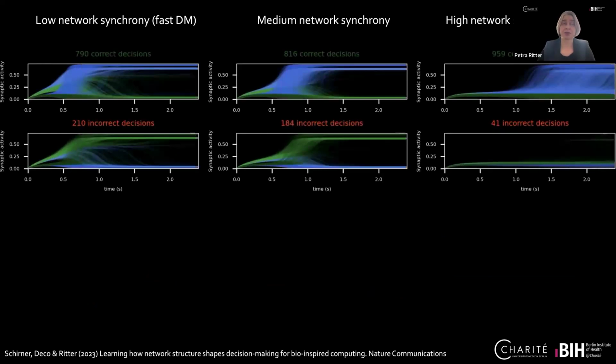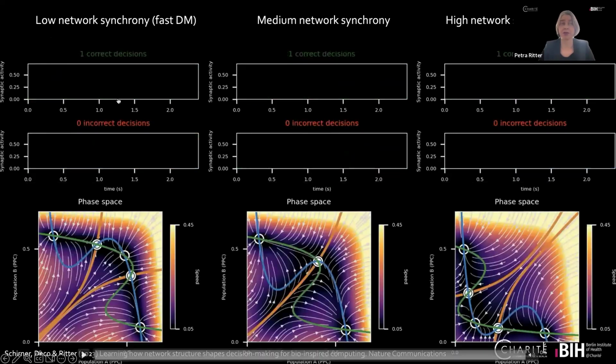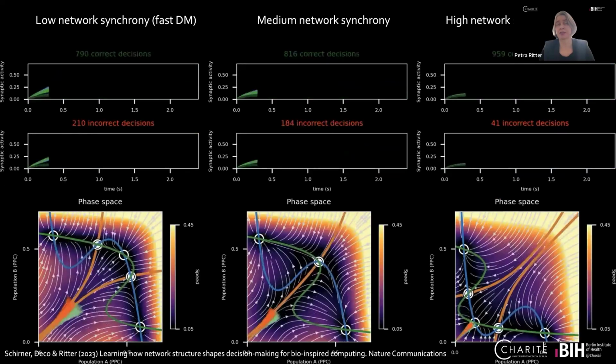So what we found was that those with more synchronization in their network were the better performers, and those with lower synchronization in the network were the worst performers. And we categorized now these 3 extremes, low network synchrony, high network synchrony, and we also defined an intermediate state and looked at what was different in terms of the phase space characteristics in these individuals.